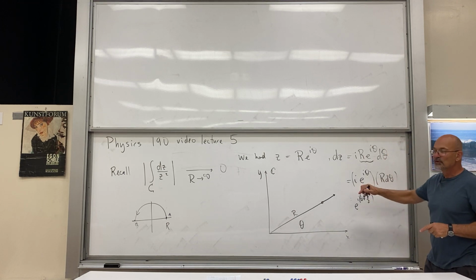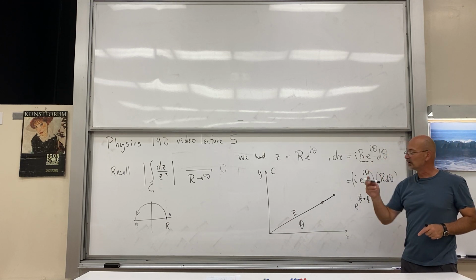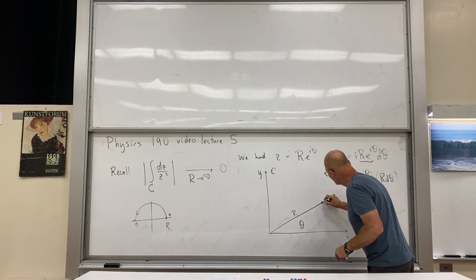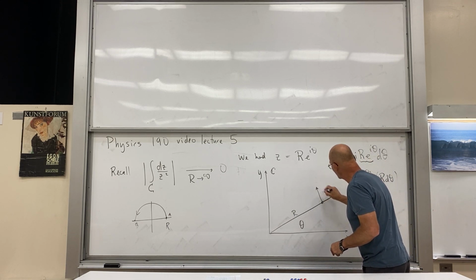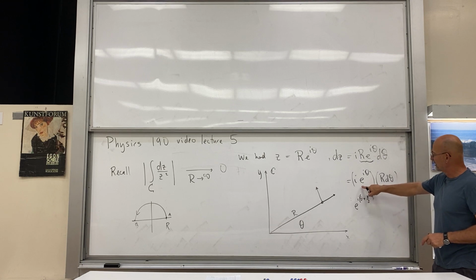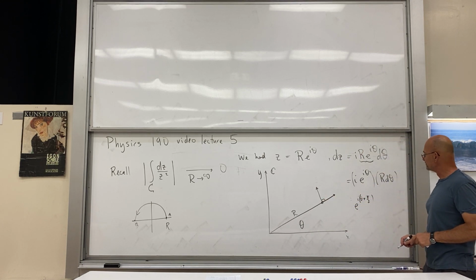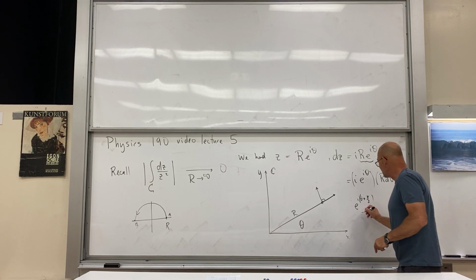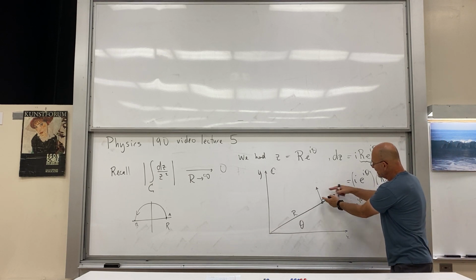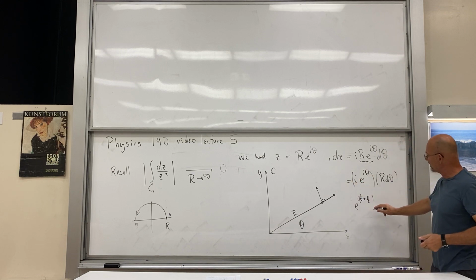Multiplying by i just rotates a number by 90 degrees. So this here is a unit vector perpendicular to this one.